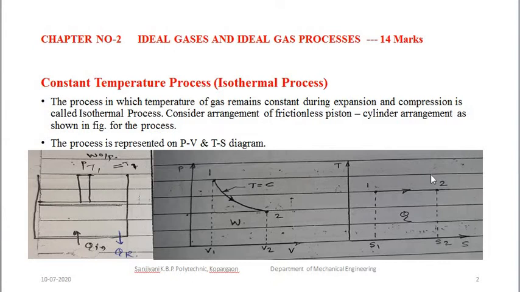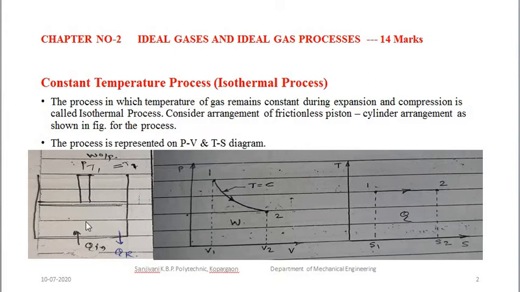In isothermal compression process, we are not adding the heat here. We are doing the reversal of the isothermal expansion, in which we are providing the work energy to the system. So we give work input to the piston rod, and we carry out the compression. So we call it an isothermal compression.